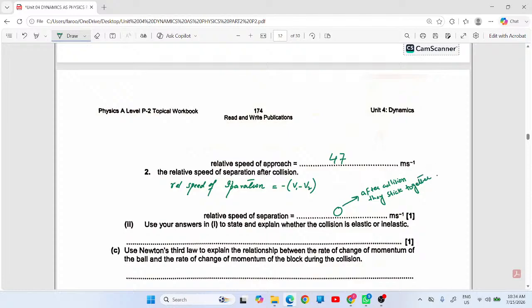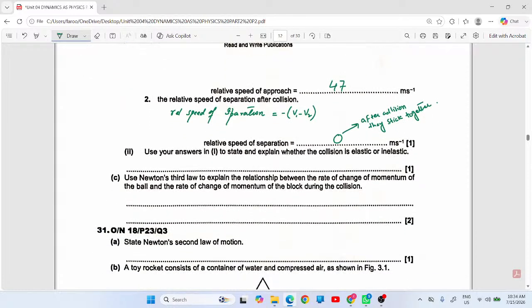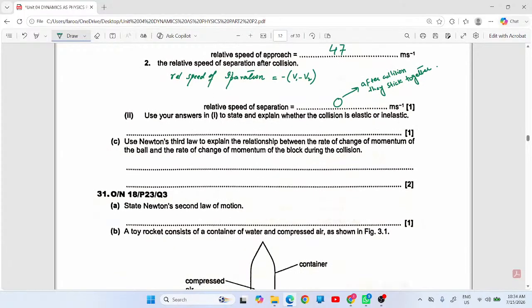Now state and explain whether the collision is elastic or inelastic.